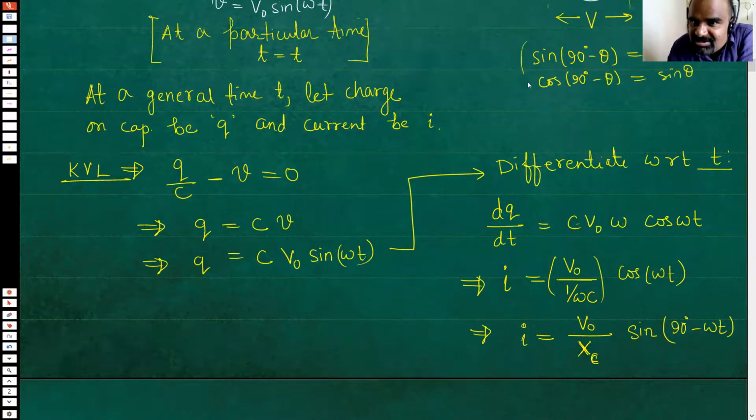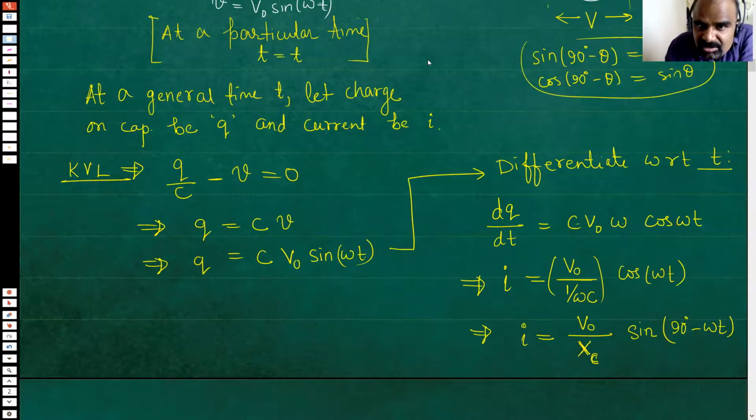Then you studied in class 11th that sine of theta minus 90 is not cos theta, it is minus cos theta. And sine of theta plus 90 will be cos theta.